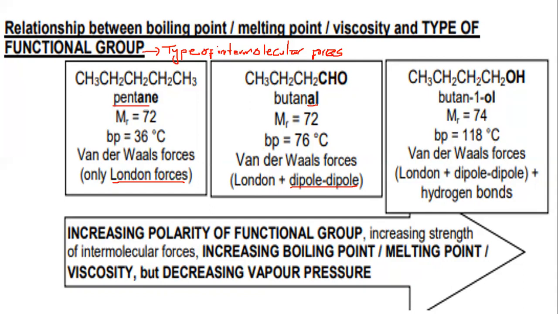And when you look at an alcohol, it still has that hydrocarbon chain, so it has the London forces. It is polar, so it has dipole forces, but we also know that it has hydrogen bonds.